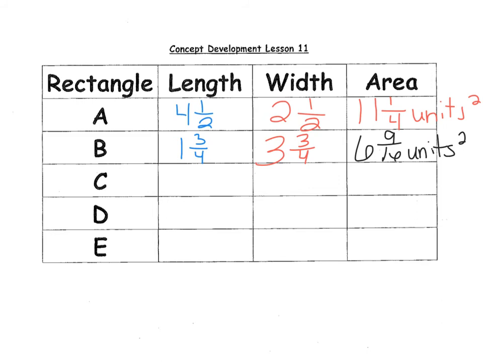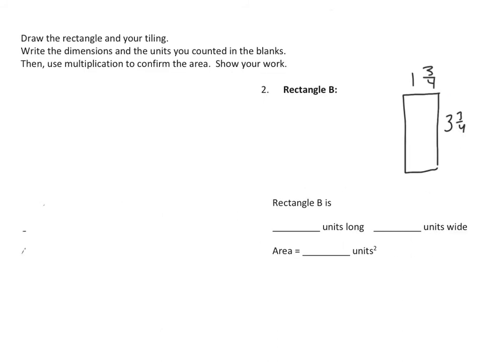Well, we're not done because now we have to check it with the area formula using multiplication. So we always start with A equals length times width. So A is equal to, alright, so I have 1 3/4 times 3 3/4. So now, in order to multiply those, I need to make them improper.